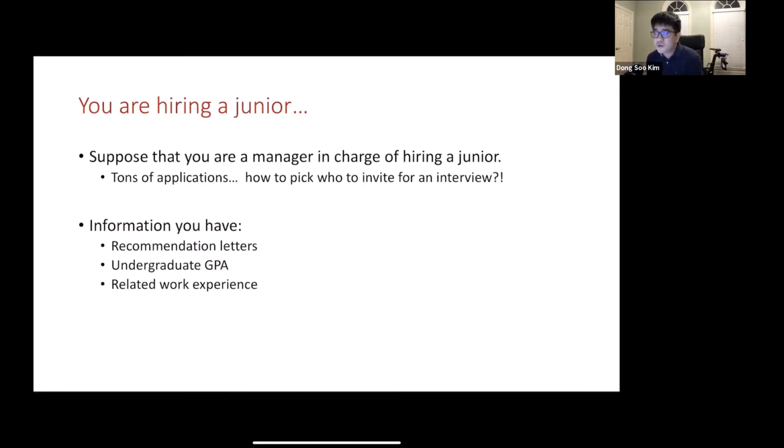Your company is so good, so you received tons of applications. Now, you and your colleagues want to pick some applicants to invite for an interview in an efficient way. For simplicity, you have the following information about each applicant: recommendation letters, undergraduate GPA, and related work experience.